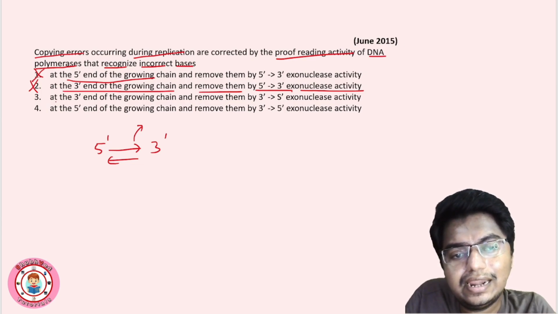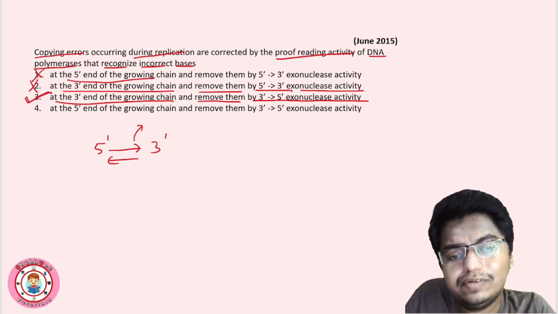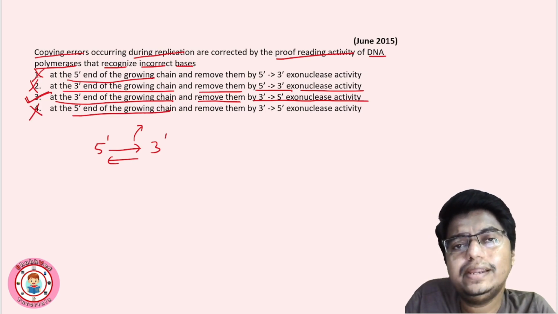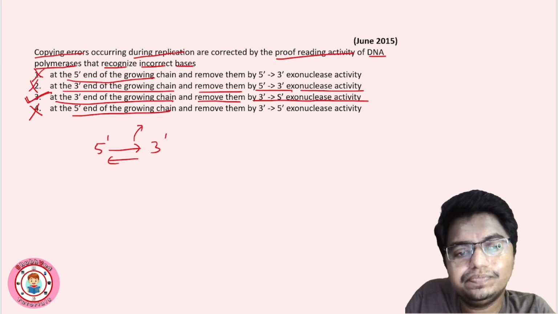Option 3, add at the 3 prime end of the growing chain and remove them by 3 prime to 5 prime exonuclease activity. Yes, so this is correct. Add at the 5 prime end, again wrong. We have discussed this in full detail, right? In the molecular biology playlist you will find the videos.